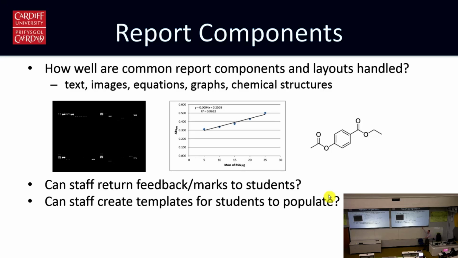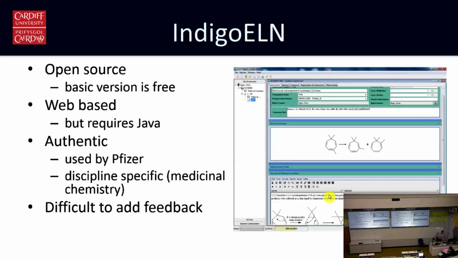We were also very interested in seeing how these online tools could facilitate the return of feedback to students. Also, particularly for our Year 1 and Year 2 classes, it's useful to be able to create a template structure to guide students at the earlier stages of their degree programme on what to put into these reports.